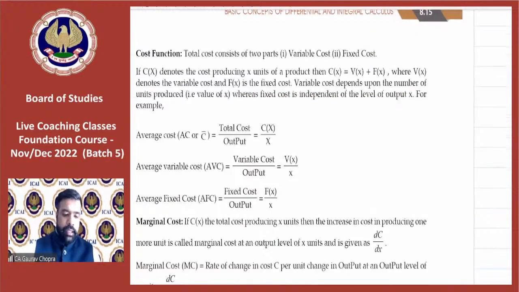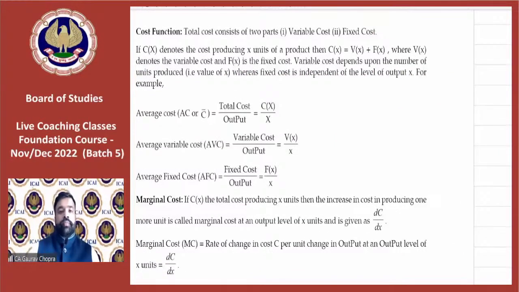we can start with the cost function. Yes. So here you can recall your economics topic, that is the cost chapter. Okay. So what is your cost chapter basically? Whenever we are talking about cost, cost is having two main portions. One is fixed cost and second one is known as variable cost.